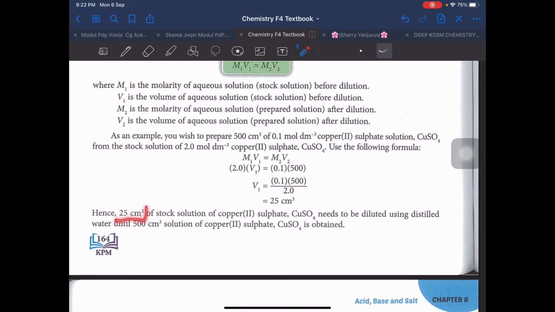Rupa-rupanya 25 cubic centimeter of stock solution of copper(II) sulfate need to be diluted using distilled water until 500 cubic centimeter of solution is obtained. Jadi rupa-rupanya kamu mau tambah 25 cubic centimeter kepada ini 2.0 supaya kamu dapat 500 cm padu of the solution. Okay, macam mana eksperimen dia tu?